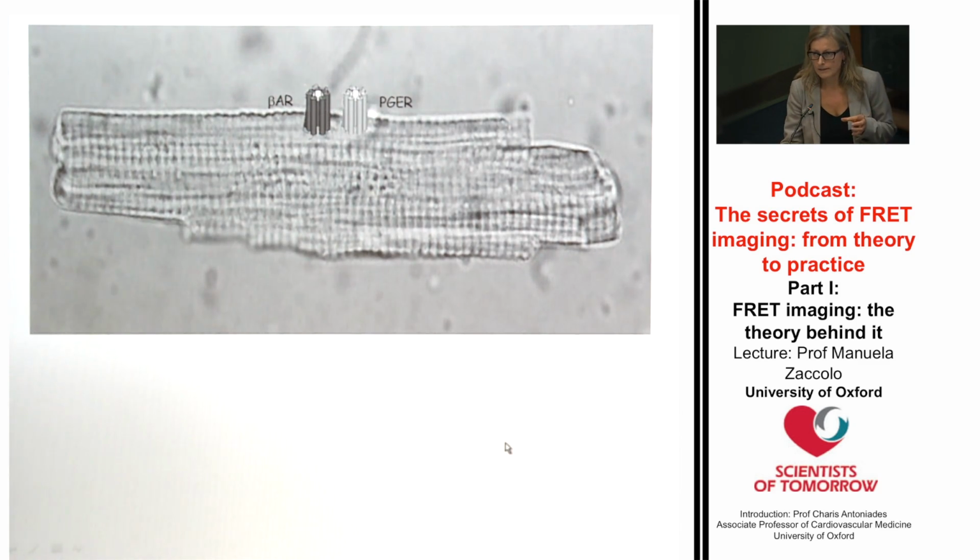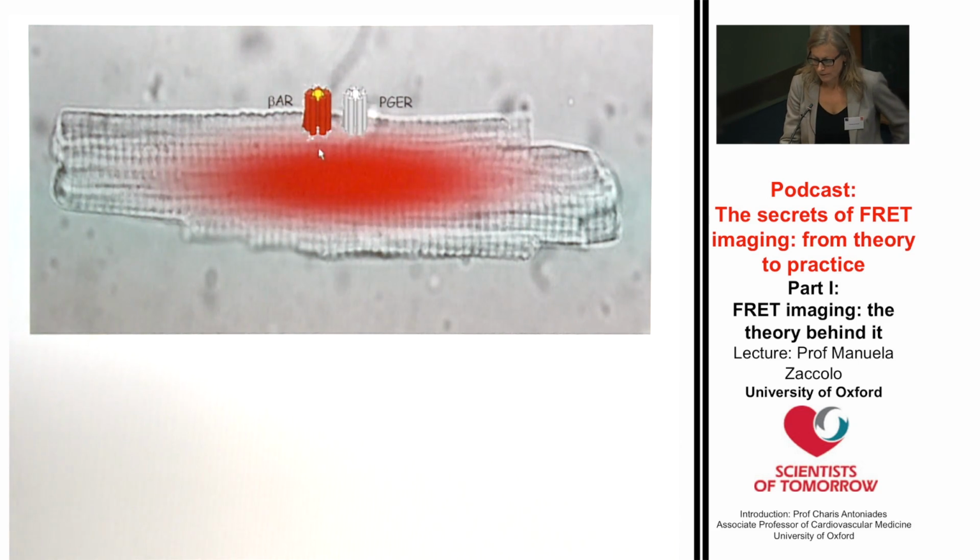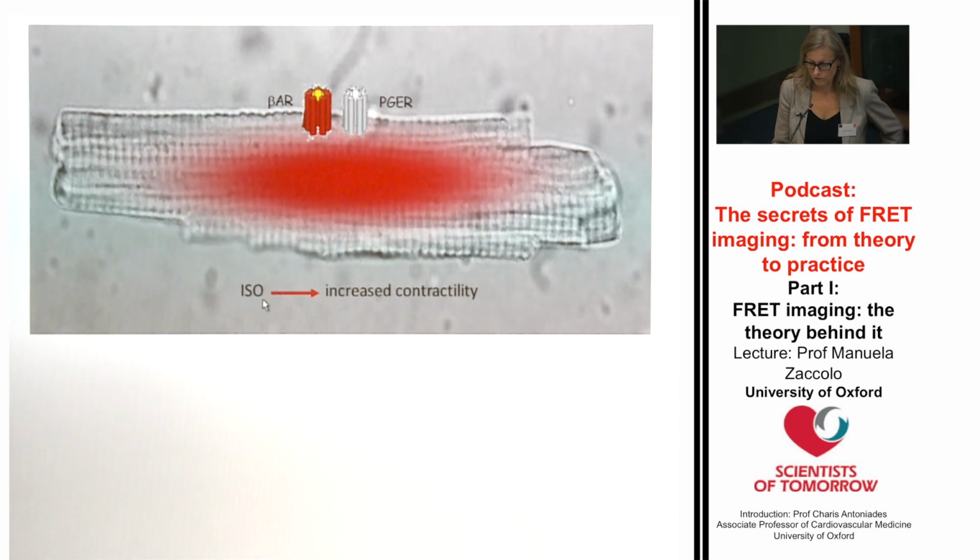So this idea that cyclic AMP is compartmentalized was proposed many, many years ago, over 35 years ago, based on studies on intact hearts and on isolated cardiac myocytes that show that if in a cardiac myocyte you activate the beta-adrenergic receptor, this generates cyclic AMP, and this leads to increased contractility.